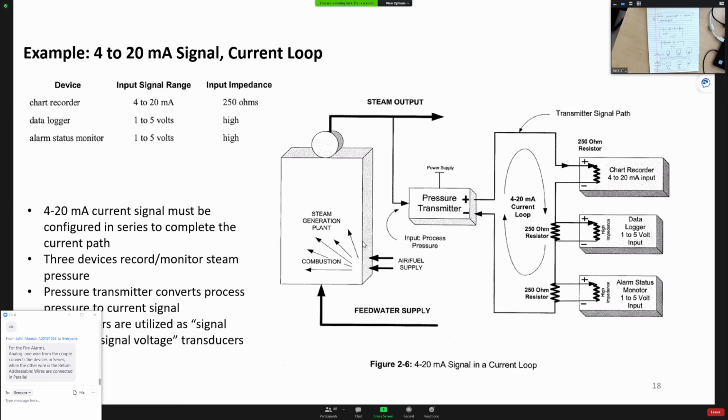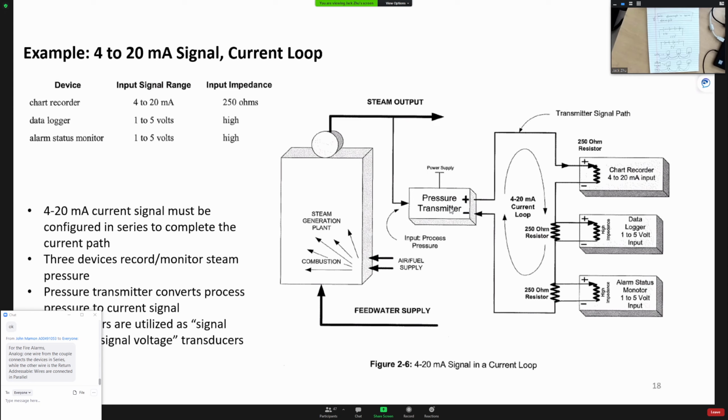But in here, we need to monitor certain things. So first, for the steam, we have a pressure transmitter down here. This pressure transmitter's output is going to connect to the chart recorder.